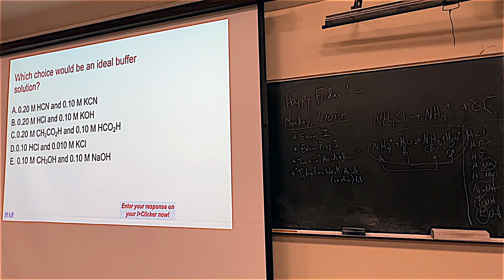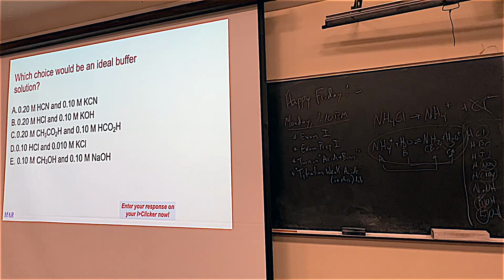And that's really what a buffer is. So to have a buffer, you have to have 2 things, all right? You have to have conjugates of each other. Let's review that. These 2 are conjugates because they're related by an H+. This one has an extra H+, it's the acid. This is missing an H+ relative to this one, so it's going to be the base.